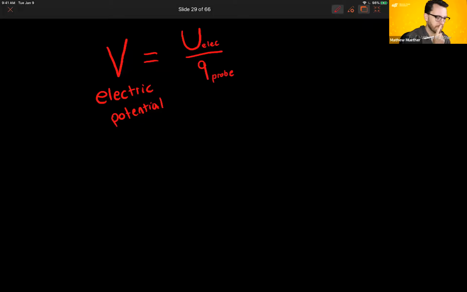So what are the units on electric potential? Well, it's like joules per coulomb. Okay. So an electric potential is not a potential energy.